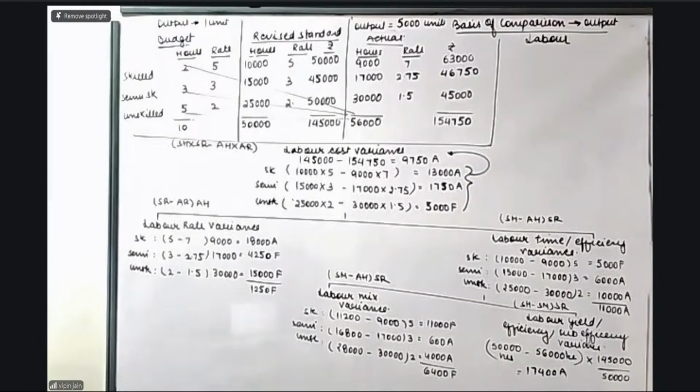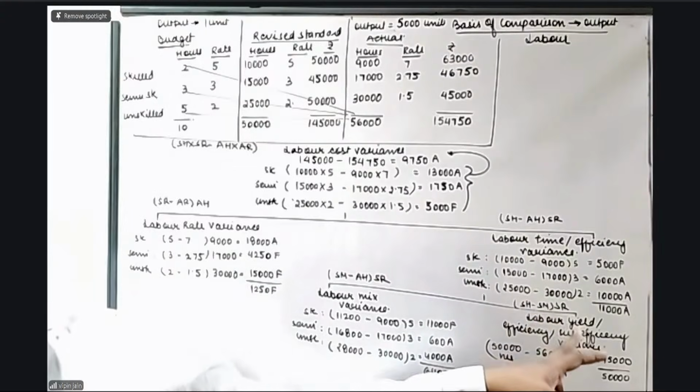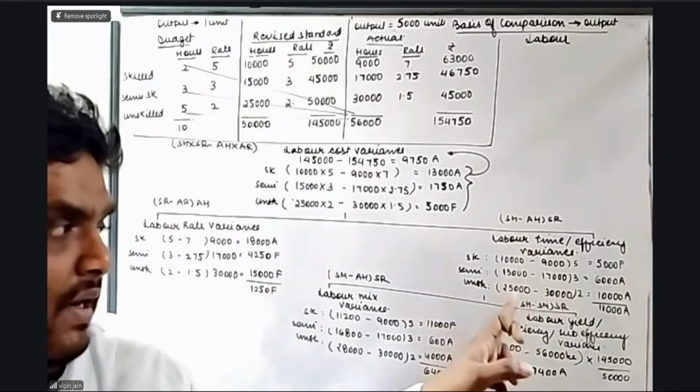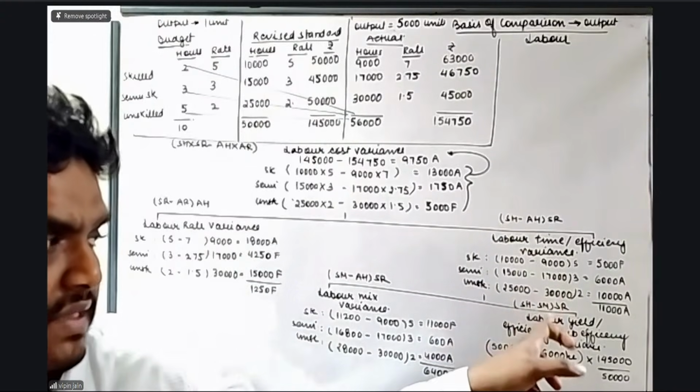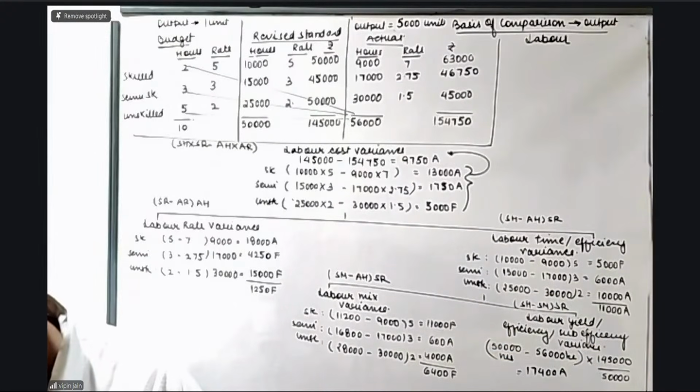Sir, what is the formula for labor yield efficiency? Standard hours minus standard mix into standard rate, just like material: standard quantity minus standard mix into standard price. So this is the way. Okay, sir.